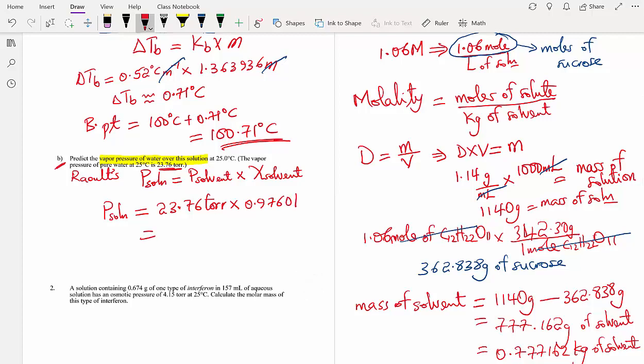If you multiply, you should get 23.19 torr.